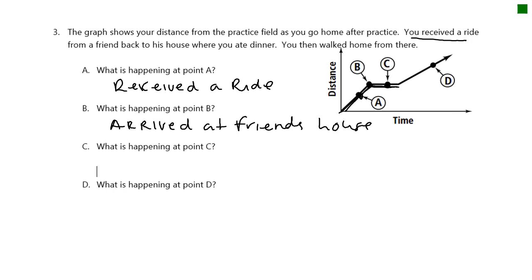So that means that C is when you are eating at your friend's house. And then finally you start something new again. You do the distance. You're starting to walk again. So D is when you walk home.